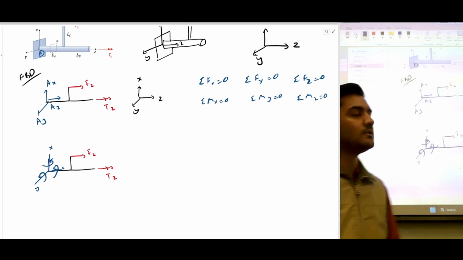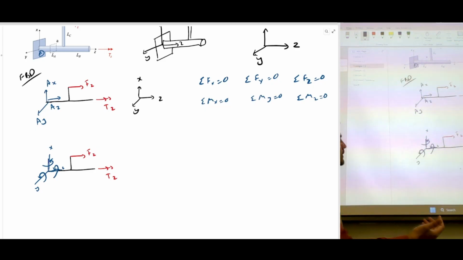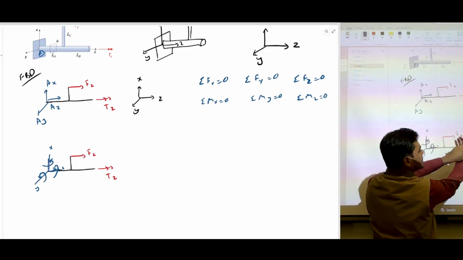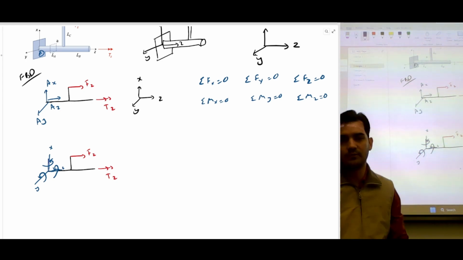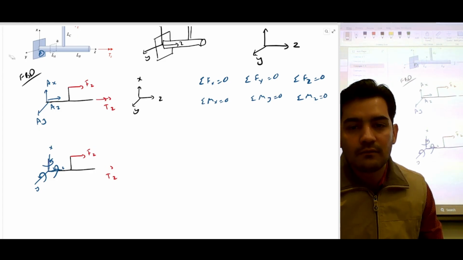So this torque, you can also convert into a moment because that's the direction of the torque, right? If that's the direction, the curl of the fingers is actually the moment or a torque. So I'm going to replace this with a moment.